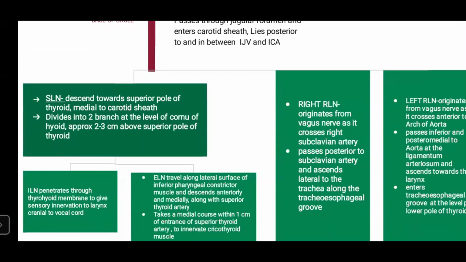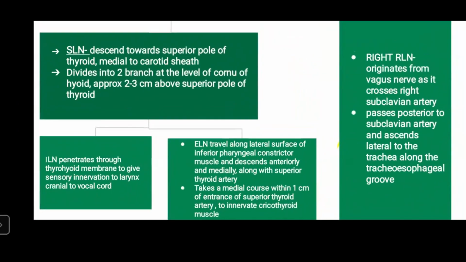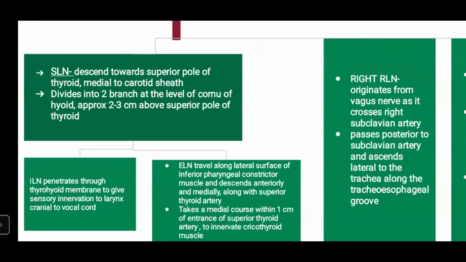At the level of the cornu of hyoid, approximately 2 to 3 centimeters above the superior pole of thyroid, it divides into the smaller internal branch and larger external branch.